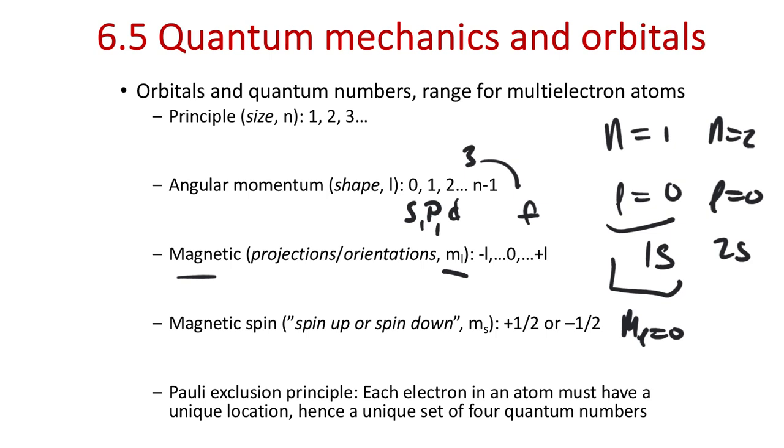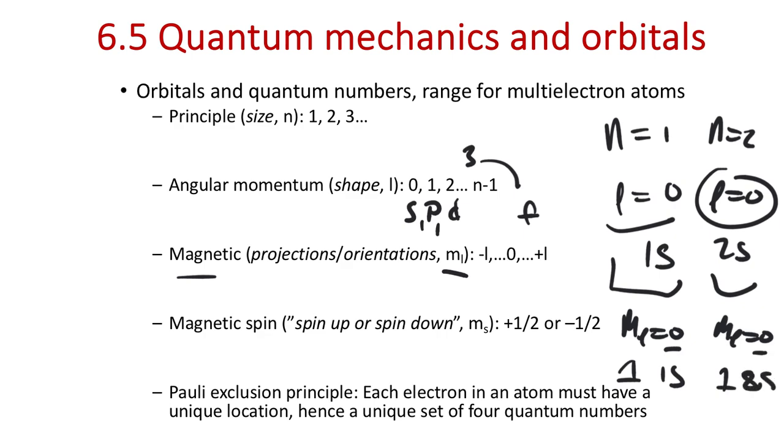There's one m sub L for L equals 0, so there's one orientation. For n equals 2, L equals 0, there's also just an m sub L equal to 0. So this is pointing to the 1s orbital, and this is pointing to the 2s orbital.